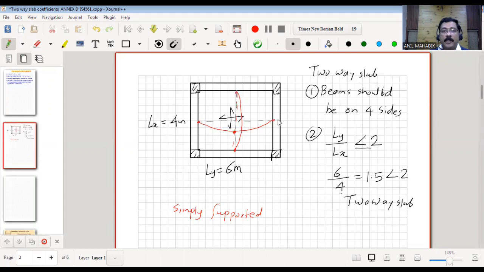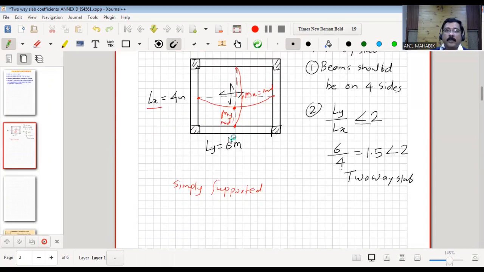So if you see this bending at the mid span along the y direction, it will be my, the mid span moment. And then in the shorter direction, it will be mx, which is the mid span moment along the shorter direction. So mx is the short span moment at bottom, and my is the long span moment at bottom.